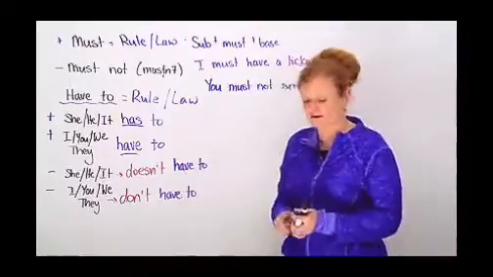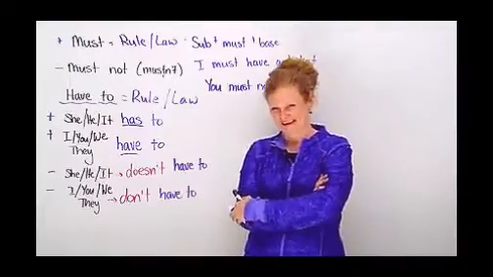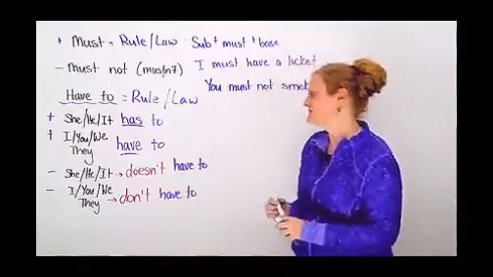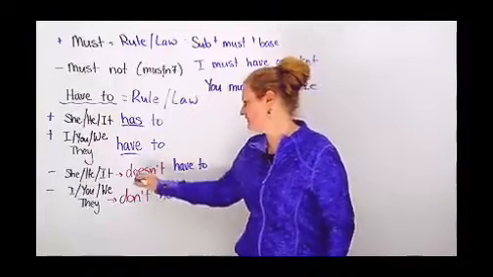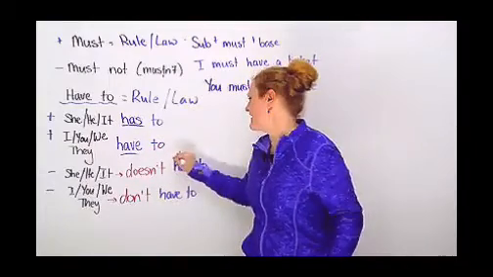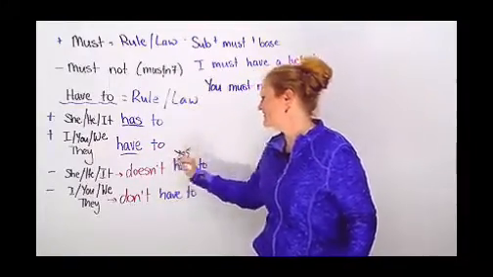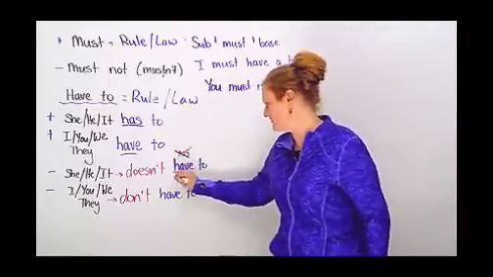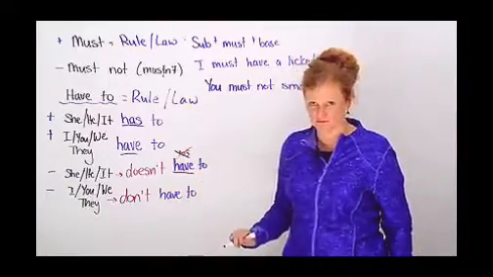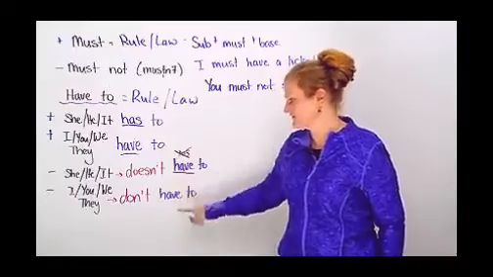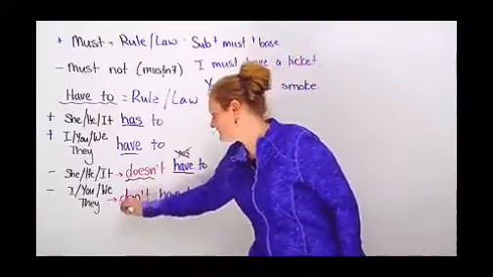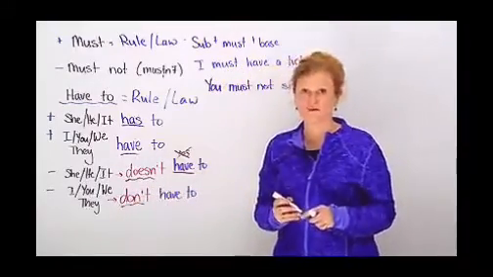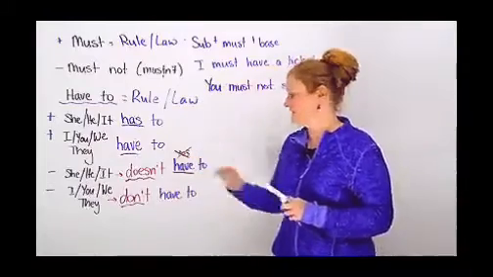You cannot say, she, he, it, doesn't has. Doesn't has is wrong. You have to use doesn't have to. Okay? So be very careful with these ones. Doesn't and don't are the verbs that are going to change in this grammar.